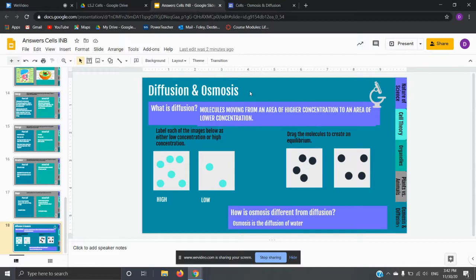Diffusion is the movement of molecules from an area of higher concentration to an area of lower concentration. So think about you have something cooking in your kitchen, and you walk into your kitchen and then you smell whatever you're cooking.